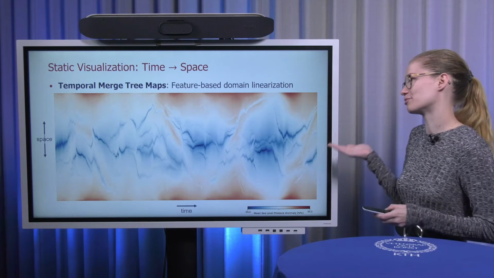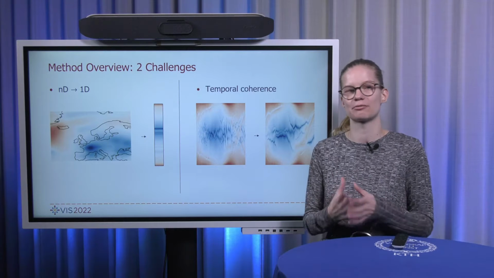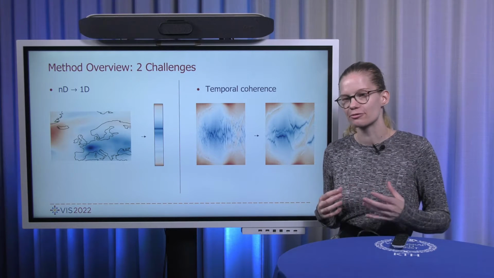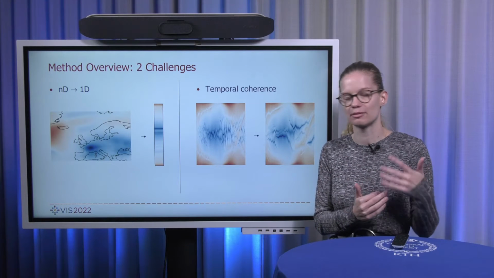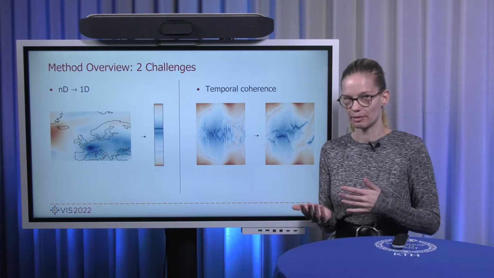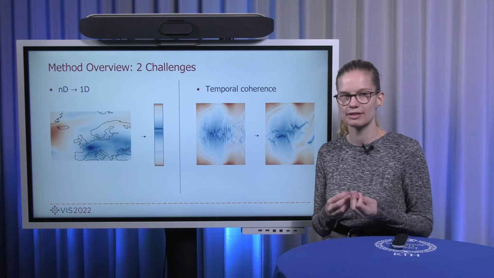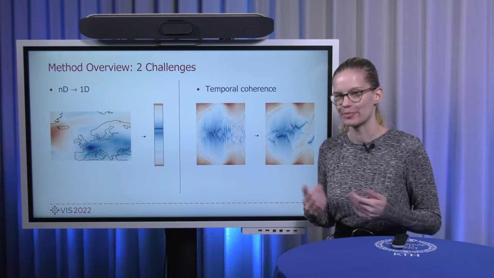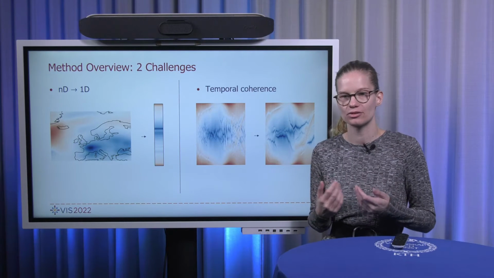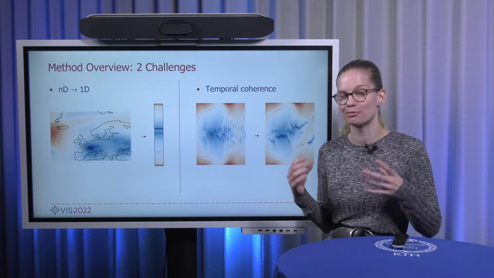But how do we get to this visualization then? Well, there are two things that we need to figure out. First off, we need to derive a mapping from our scalar field that may be in 2D or 3D to one dimension, while also retaining all of the feature and the structure that is in the data. And then things change over time, but we want our visualization to still show features in a nice, coherent way.